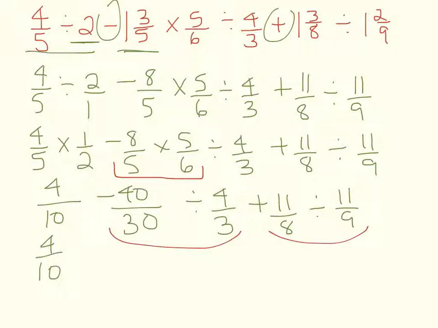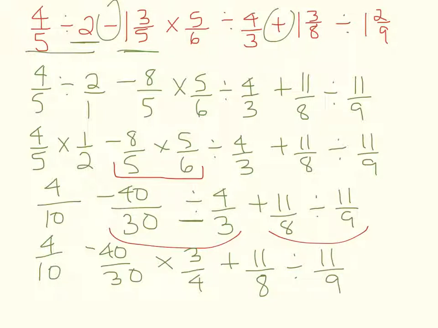And now in terms of our multiplication, I'm going to flip this fraction here because we have a division here. So again, we have negative 40 over 30, but this time, because I'm going to multiply by the second fraction, we flip that second fraction. And we have 4/10 subtract 40 over 30 multiplied by 3/4 plus 11/8 divided by 11/9.